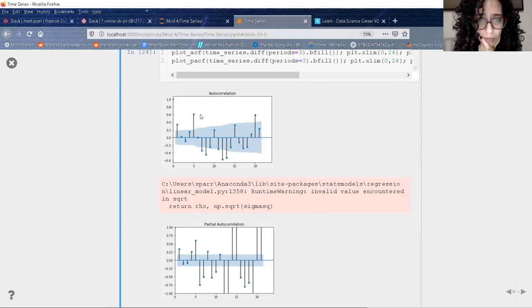Yep, that's a good guess, because 5 is the highest point here, and on the PACF we can see 5's pretty high, and then it immediately goes to negative. Also, something you can notice is that usually multiples of a significant lag will be high too. So we can see 5, 10, 15, 20, all of those are significant. That gives a lot of evidence that yes, we probably should also do a difference of 5.